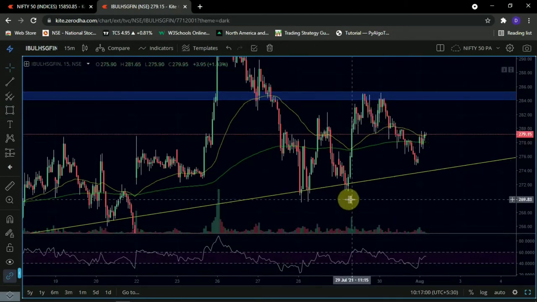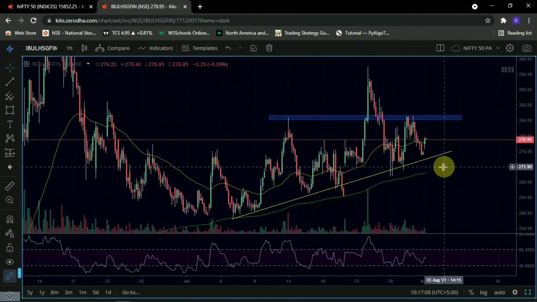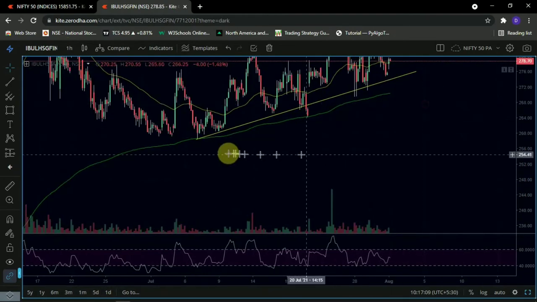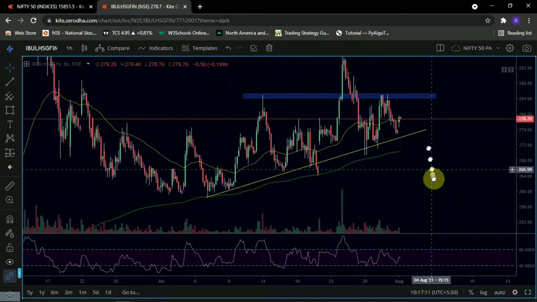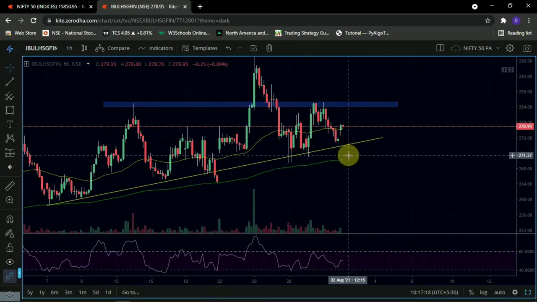And if you see in 1 hour chart, it is just getting support from the 200 EMA, and in the same pattern it is following the trend line. So whenever the price reaches this trend line, we can go for a long position.